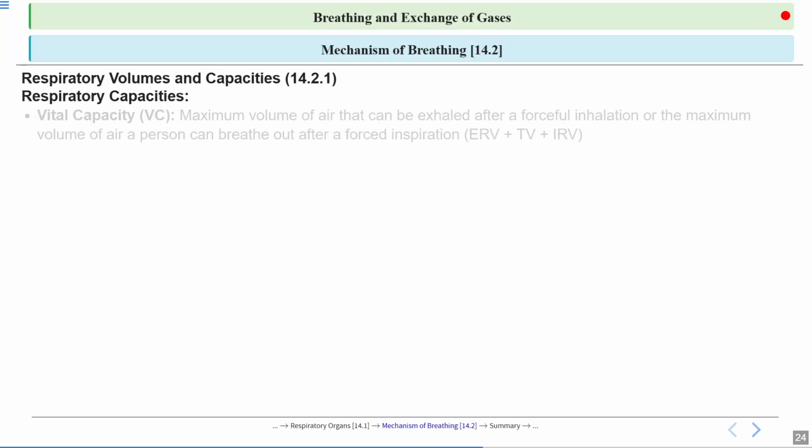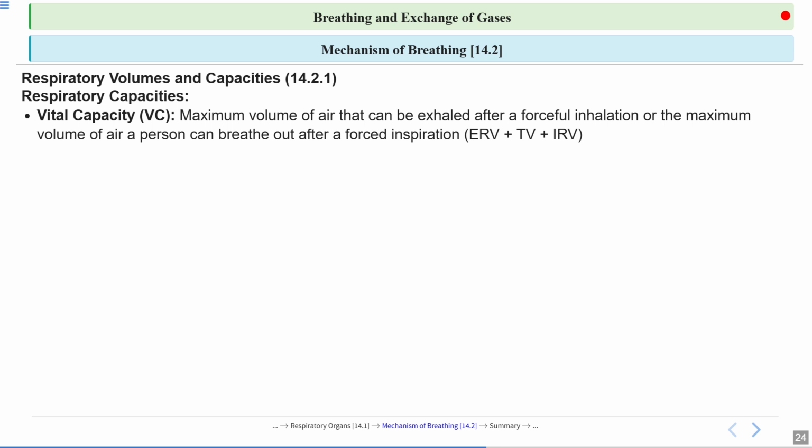Okay. Next is vital capacity. This is the maximum volume of air that can be exhaled after a forceful inhalation, or the maximum volume of air a person can breathe out after a forced inspiration. You should remember this formula again: ERV plus TV plus IRV. Clear?